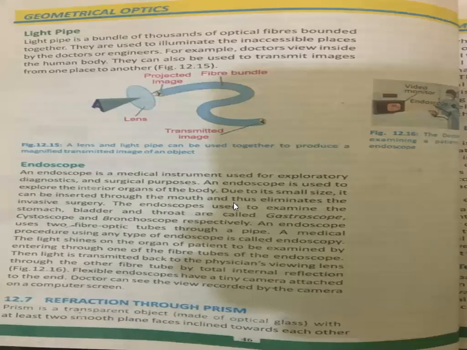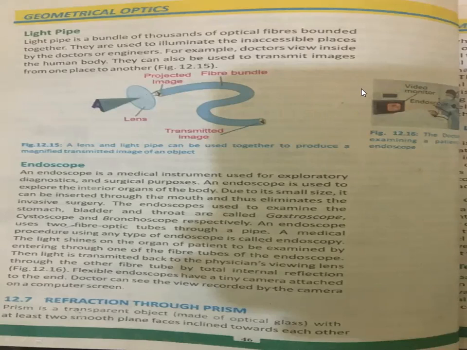The doctor enters this light pipe into our body through our mouth. There is a tiny camera attached to it. The signal is sent, and the phenomenon of total internal reflection occurs. With the help of the tiny camera, the doctor can view the image of the organ on the monitor screen.